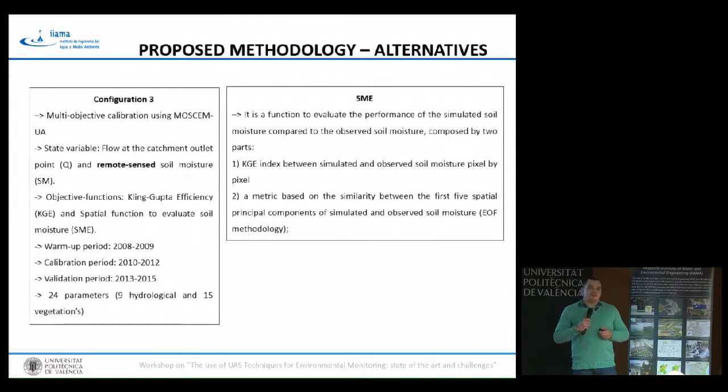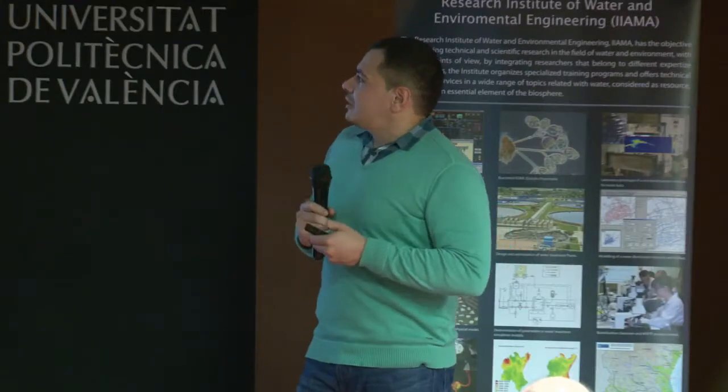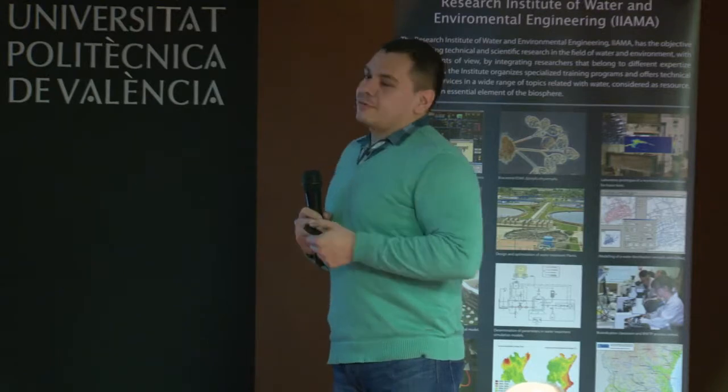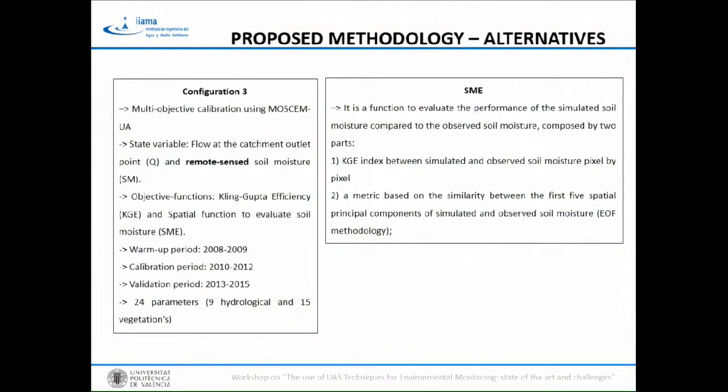Before I continue, I want to explain quickly how we compose our function. The soil moisture estimator is a function to evaluate the performance of the simulated and observed soil moisture, composed of 2 parts. The first one is the KG index calculated on observed and simulated soil moisture pixel by pixel.